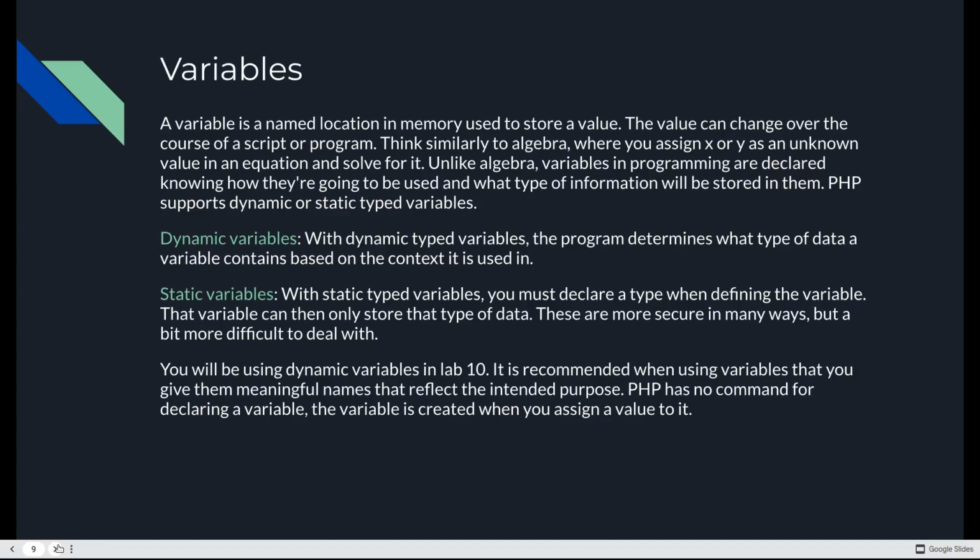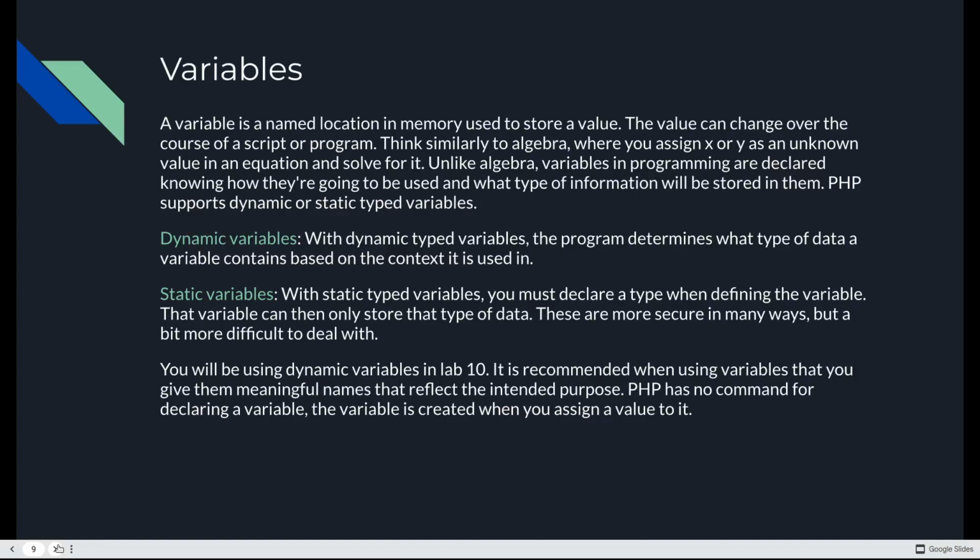PHP supports dynamic and static type variables. With dynamic type variables, the program determines what type of data is stored in the variable based on the context you're using it in. With static type variables, you have to declare the type when you define the variable, and that variable can then only store that type of data.